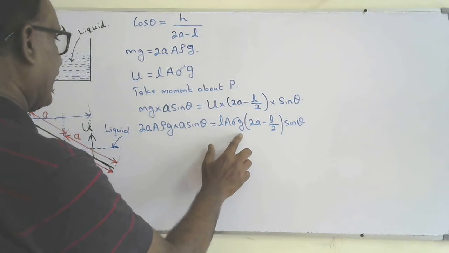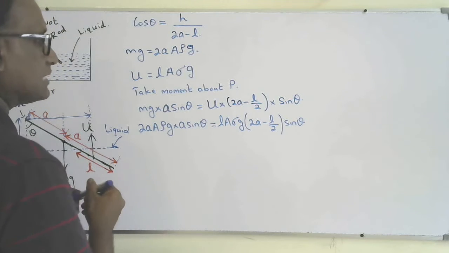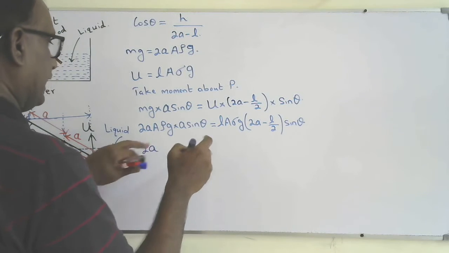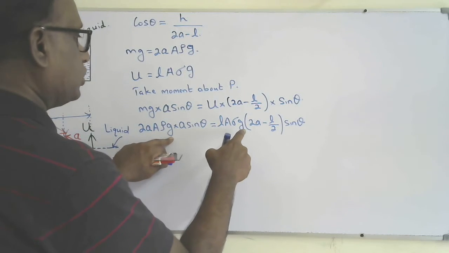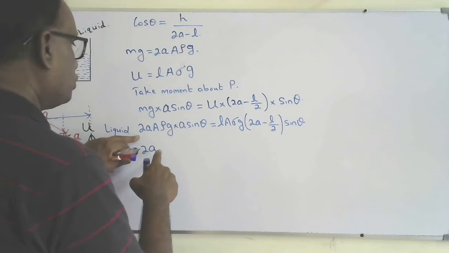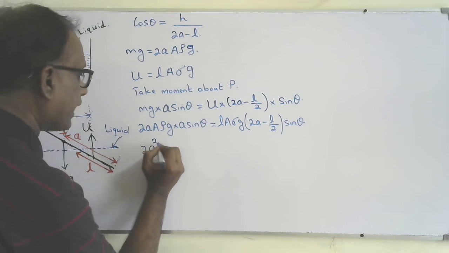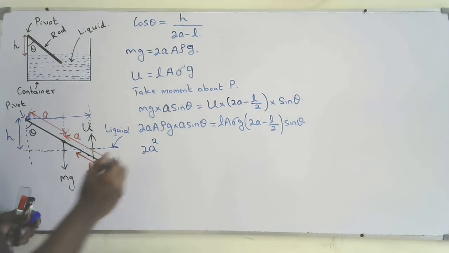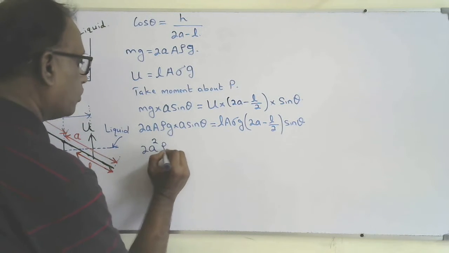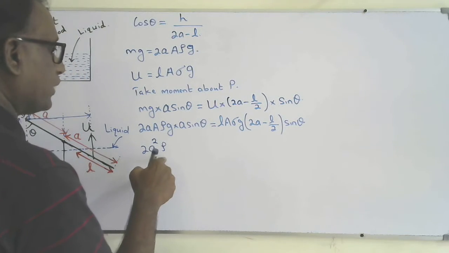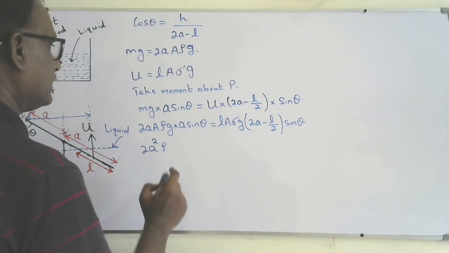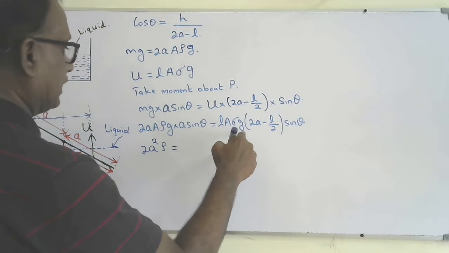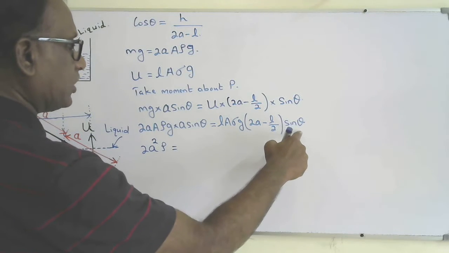G will get cancelled. Capital A will get cancelled. So you will get 2a here. The A got cancelled, G got cancelled. So 2a into a, 2a squared. 2a squared rho, sine theta also got cancelled, is equal to, so here A got cancelled, G got cancelled, sine theta got cancelled.